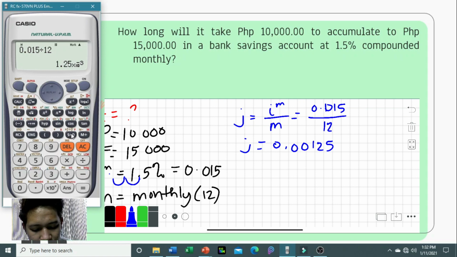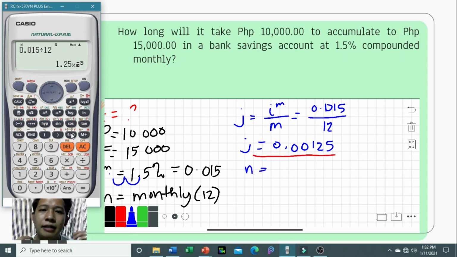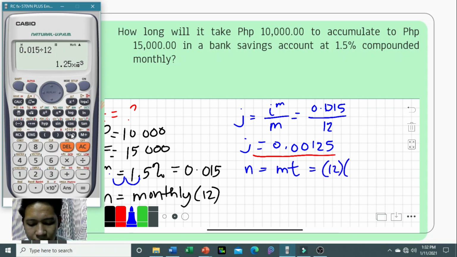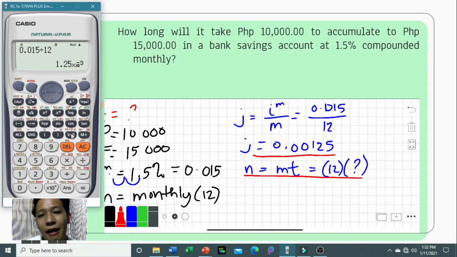Next is the value of n. The value of n is obtained by multiplying the frequency of conversion tsaka yung ating time in years. And our frequency of conversion is again monthly, so that is 12. At i-multiply natin siya sa time, which is yung hinahanap natin. Okay? So yun po yung hinahanap natin, and that is our main problem.